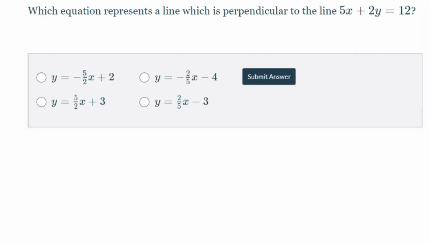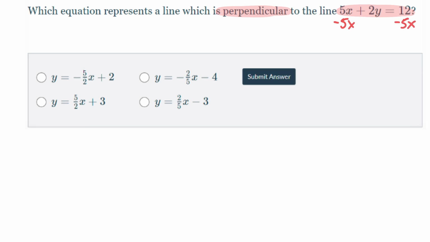So as we discussed, we first need to recognize what we're looking for. What we're looking for is which equation of the lines is perpendicular to this line. Well, I can't do anything until I learn about the slope, and in order to learn about the slope, I need to get into slope-intercept form.